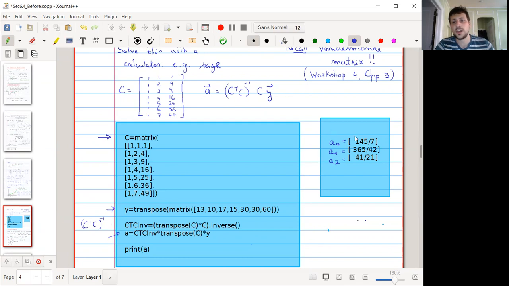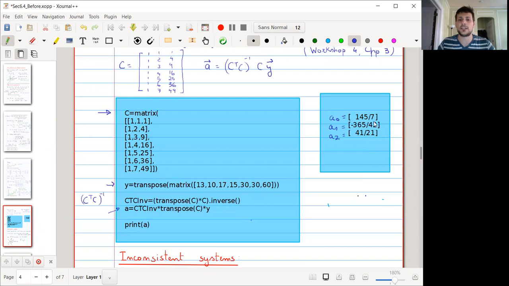When you print it out, you get that these parameters are the ones that provide you with the best fitting parabola, which has equation y equals 145 over 7 plus x times, oops, I guess, minus 365 over 42 x plus 41 over 21 x squared.